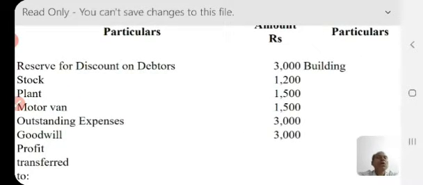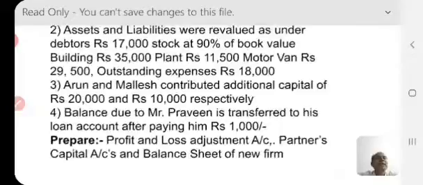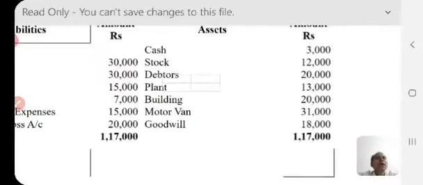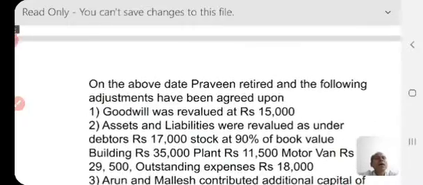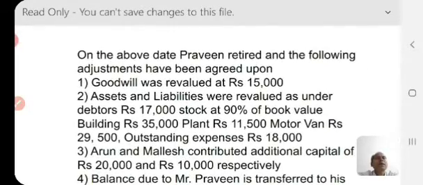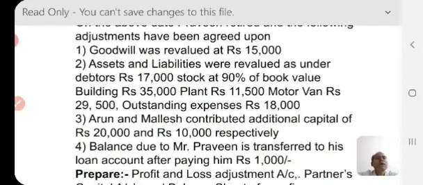Okay. Now stock, 1,200 is decreased. See, the stock is 12,000, but in the adjustments the stock is 90% of book value.